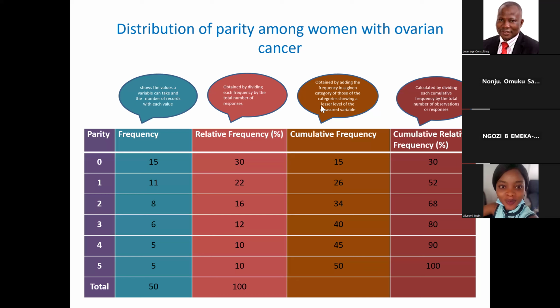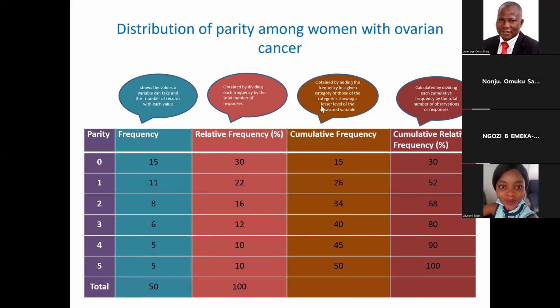The intelligence that intelligent people brought in was that, instead of talking about the absolute number, the frequency, let's put the frequency over the total to know what percentage of the total that frequency is. For example, for the 15 that has para 0 here, you say 15 over 50 times 100% to give you a percentage. The same thing if another person did the work, maybe Oluremi Tosin in Lagos, dealing with 150, not 50.